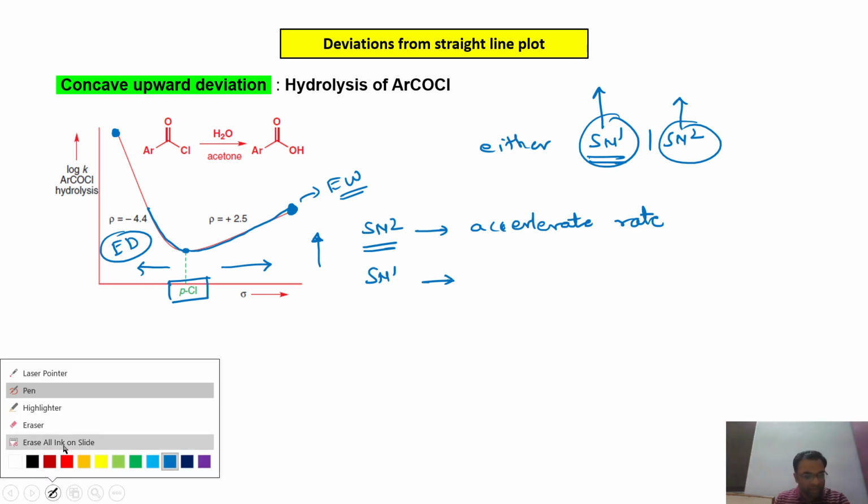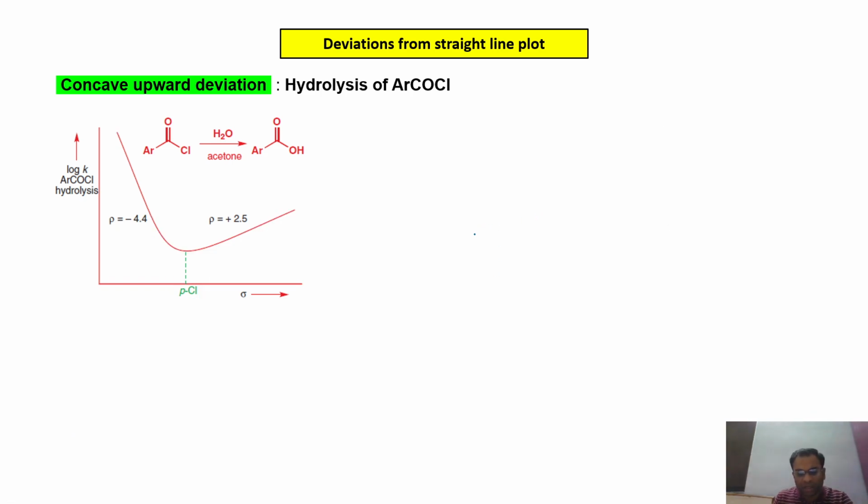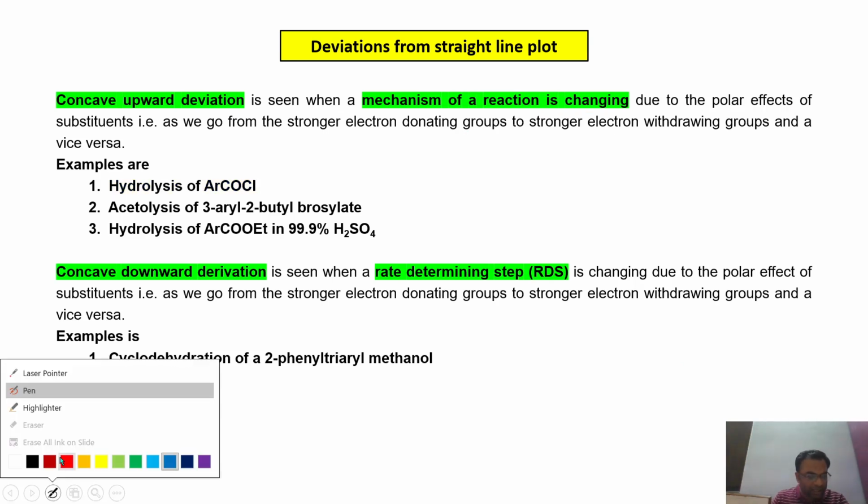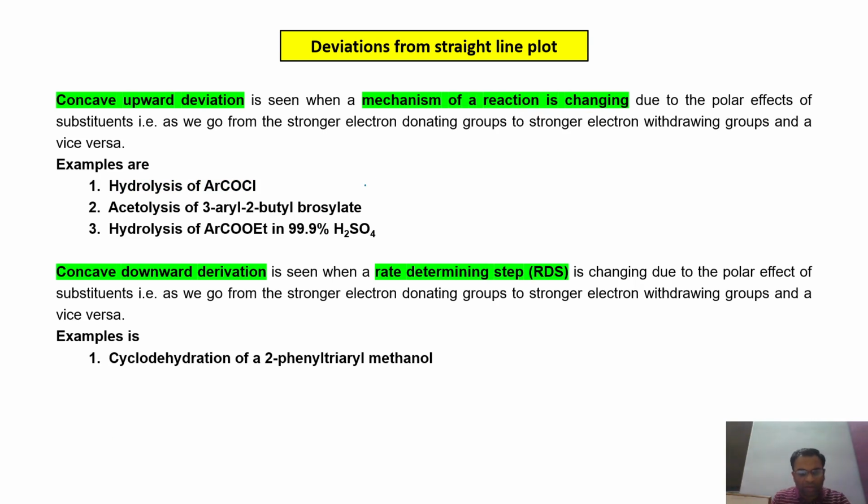So any reaction showing a deviation from the straight line, if this deviation is concave upward, then it clearly indicates that the mechanism of reaction is changing. In the next lecture, we will study the second example of concave upward deviation, that is the acetolysis of 3-aryl-2-butyl brosylate, as well as the hydrolysis of ethyl ester in 99.9% H2SO4.